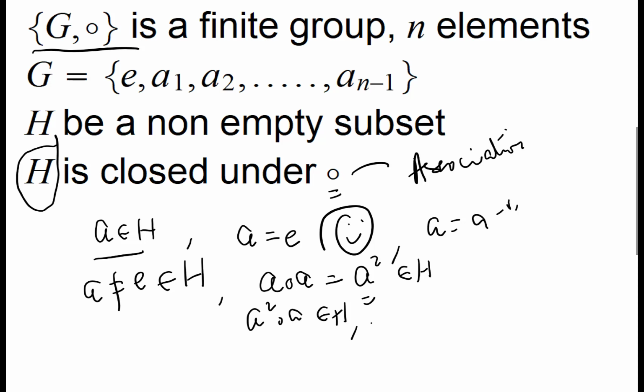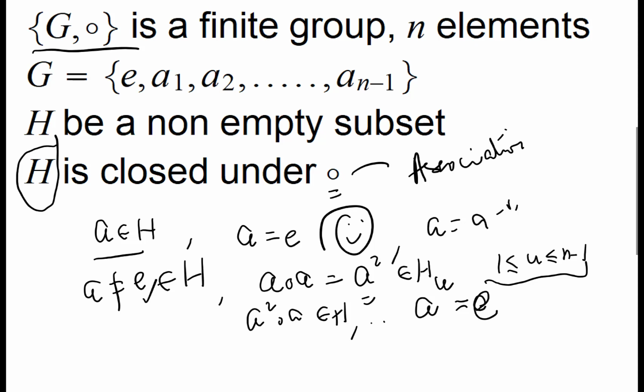So what will happen? Eventually you should get a power of A, say A to the U, that should become the identity, where U has to be between 1 and n minus 1, actually 2 and n minus 1, because we took A different from the identity.